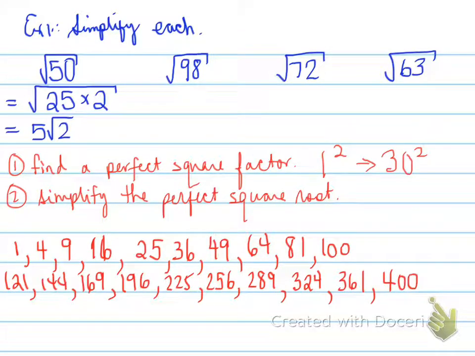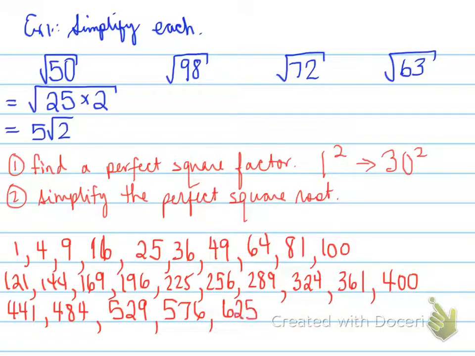We're still not done yet. We need to go to 30 squared. Okay, 21 squared is 441. 22 squared is 484. 23 squared is 529. 24 squared is 576. 25 squared is 625. 26 squared is 676. 27 squared is 729. 28 squared is 784. 29 squared is 841.